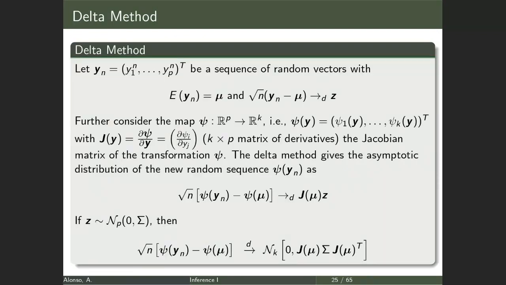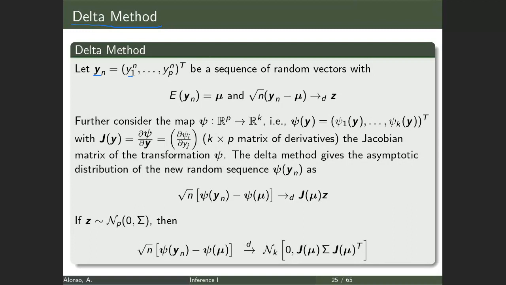Now, another important result related to this is the so-called delta method. The delta method is something we're going to use a lot later on to construct approximate tests, confidence intervals, estimators of variance, etc. Suppose that you have a sequence of random vectors. So you have here a vector Yn, which has p components, p coordinates.